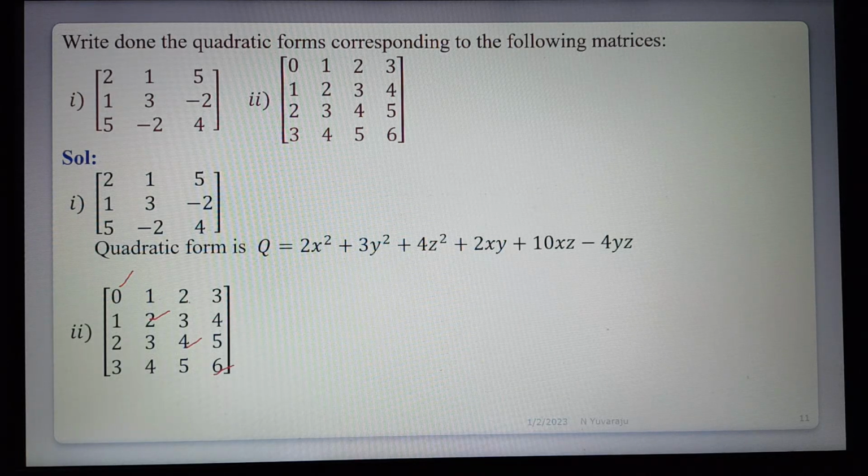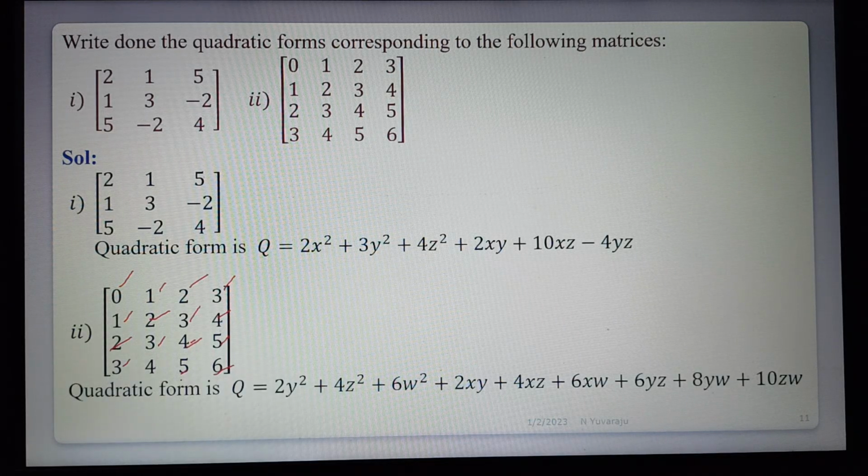For the cross terms: 1 plus 1 is 2, 2 plus 2 is 4, 3 plus 3 is 6, 4 plus 4 is 8, 5 plus 5 is 10. Choosing the unknowns x, y, z, w: 0 into x square cancels, the coefficient is 0. Next 2y square plus 4z square plus 6w square.